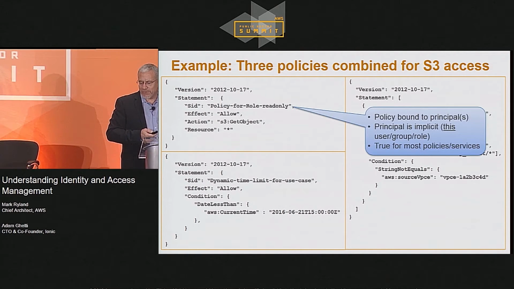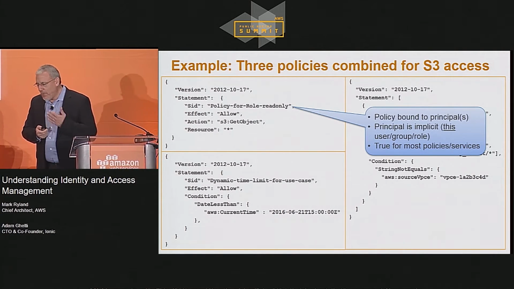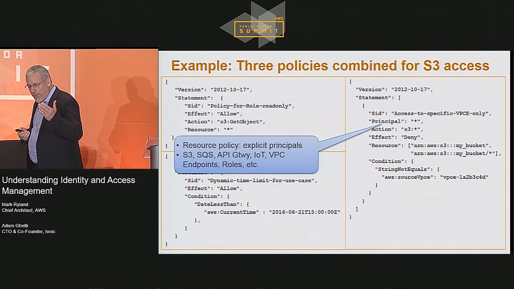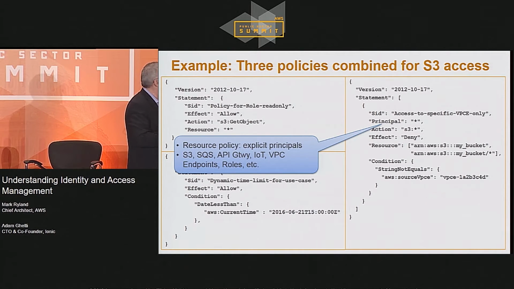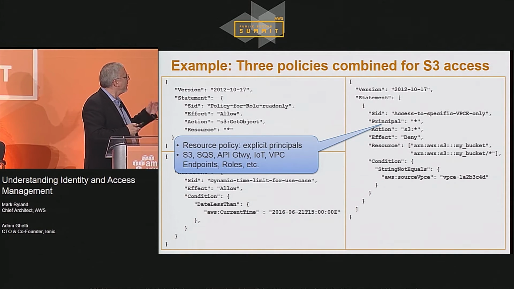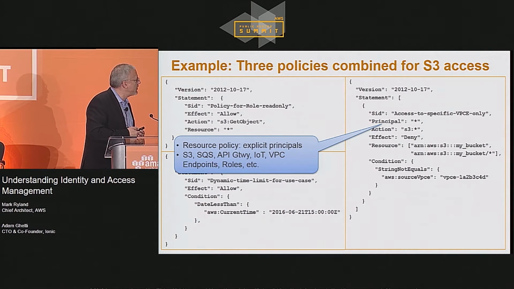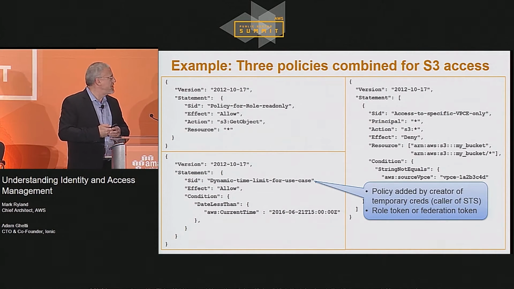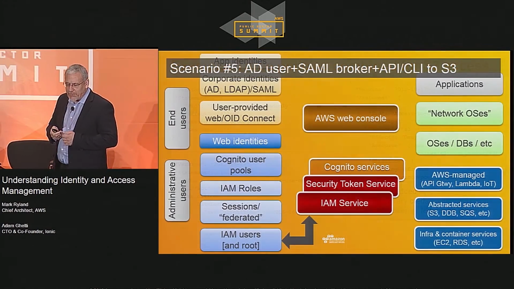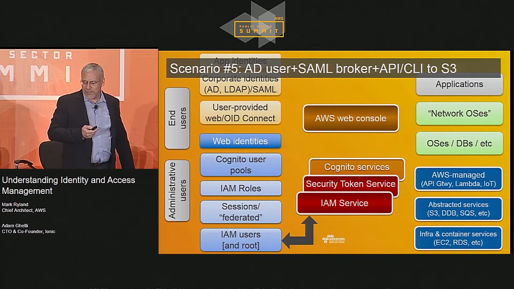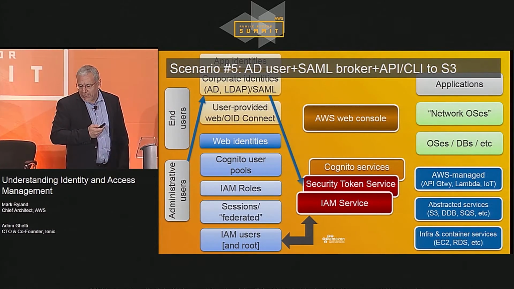So the upper one, as I said, no principal is implicit. Resource policy has the principal has to be there. Just an example of some of the services that support resource-based policies. And then finally, the temporary token itself can include a policy, and all three must be present in order for the access to succeed. So let's give a couple more scenarios.